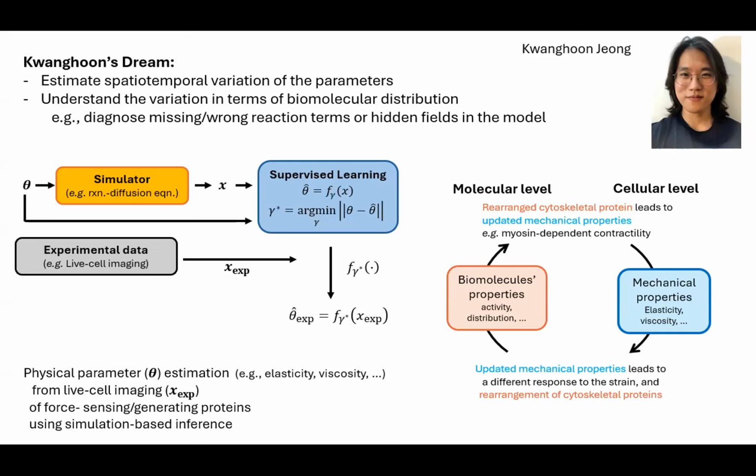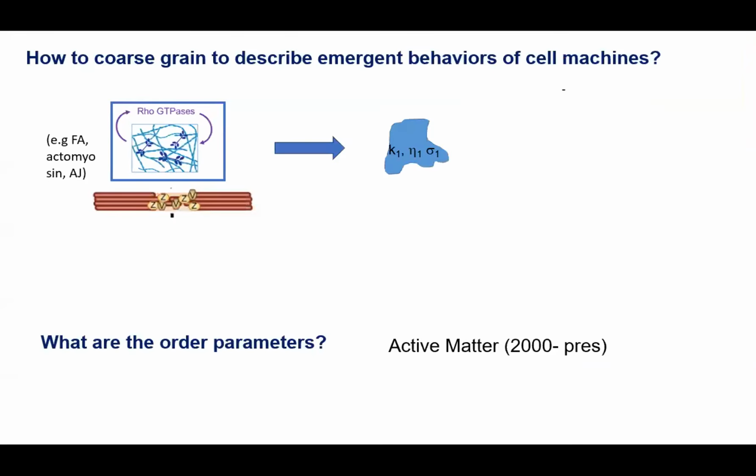And so we can use the models that we had developed with Ulrich, right? These continual models of active viscoelastic fluids, but now use the parameter estimation approach that we had in the static system to actually learn what the forward time dynamics are. So this is something that's just ongoing. You can talk to Kwang Hoon at his poster as well.